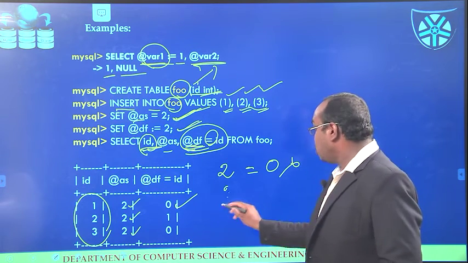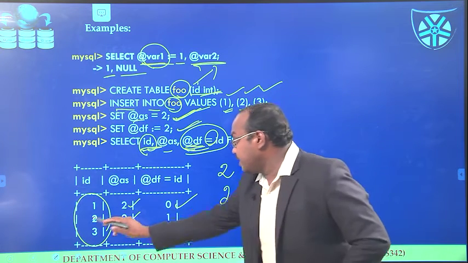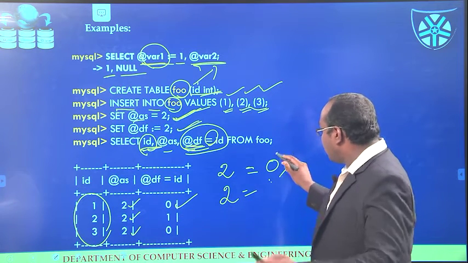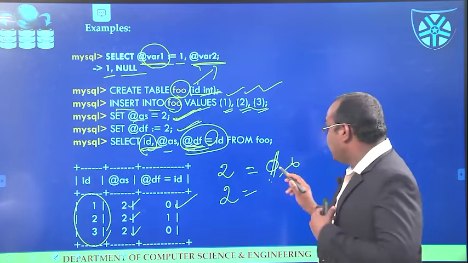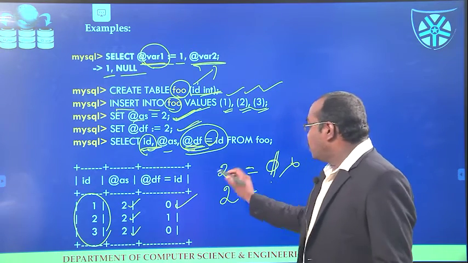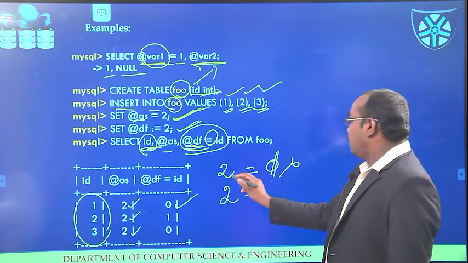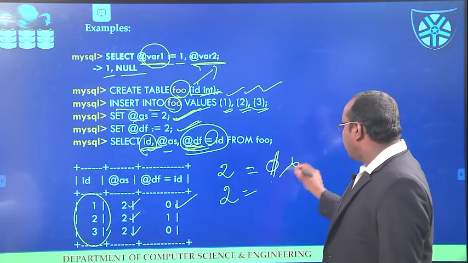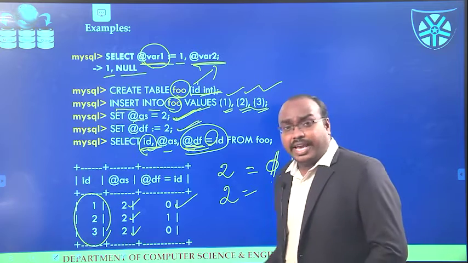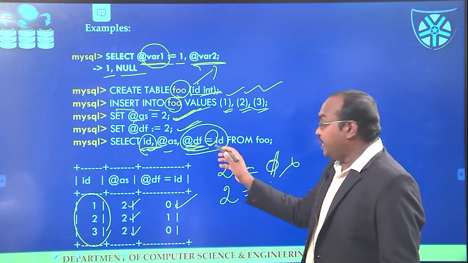And the next one, 2 equal to the second value. The first row: @df equal to id.